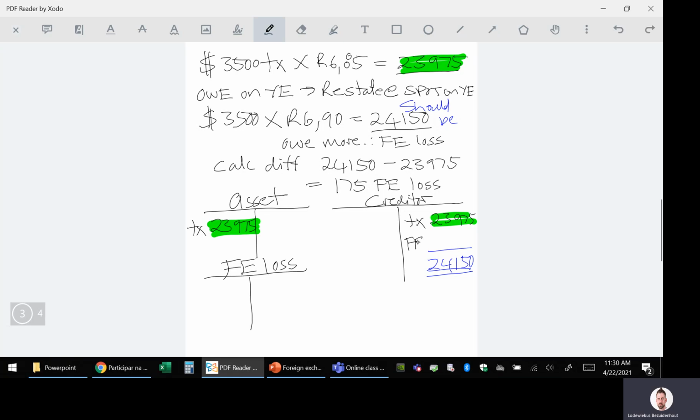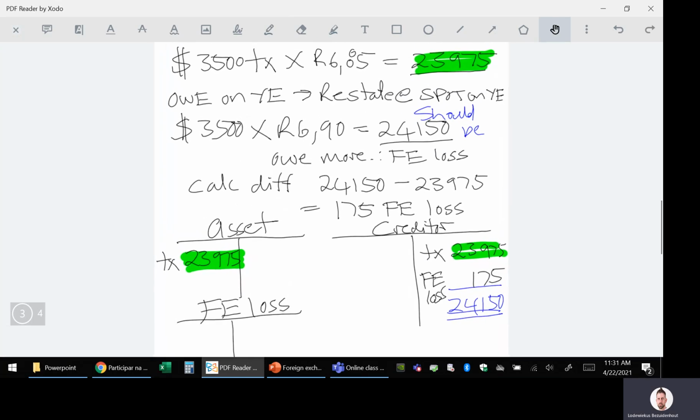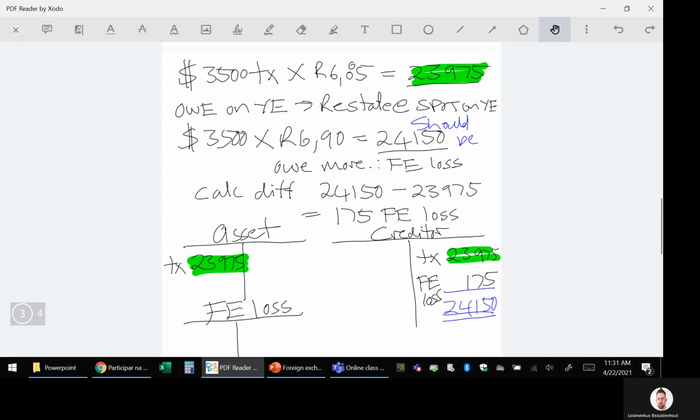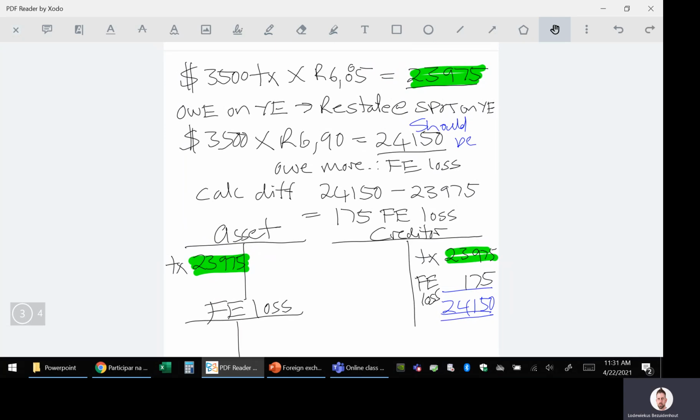So that's a foreign exchange loss, 175 credit to the creditor. The creditor should be more. So 23,975 original amount plus the 175 adjustment that we now make gives us the balance of the creditor of 24,150. And then we say debit the foreign exchange loss, 175.